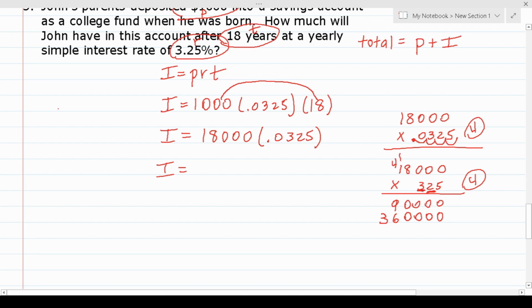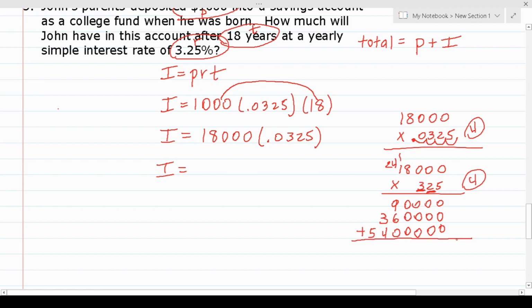Before we start multiplication with this 3, we now have to add 2 0 placeholders. 3 times 0 is 0. 3 times 0 is 0. 3 times 0 is 0. 3 times 8 is 24, carry a 2. 3 times 1 is 3, plus 2 is 5.